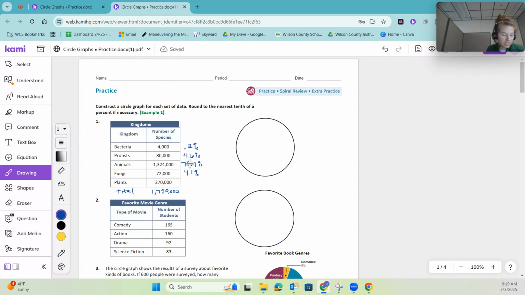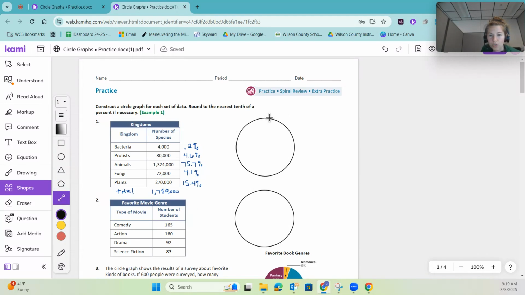We have 270,000 divided by 1,750,000, and that's going to give me 15.4%. All right, and then when I put this on my circle graph here, about 75% of this is the animals, okay?